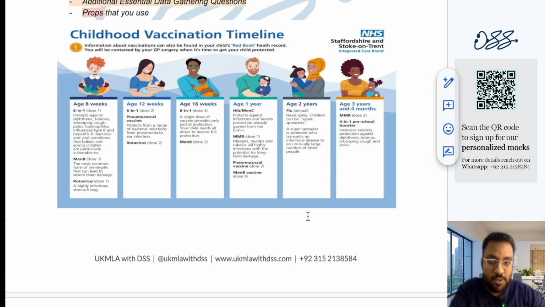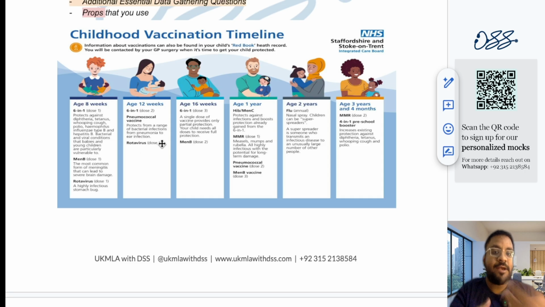As you can see, the boy holding 2 small kids means that this is given at a very early age. Since this is the very first picture and the child is very small, this is the first vaccine that we need to give, and it is given at 8 weeks as mentioned in the picture below.